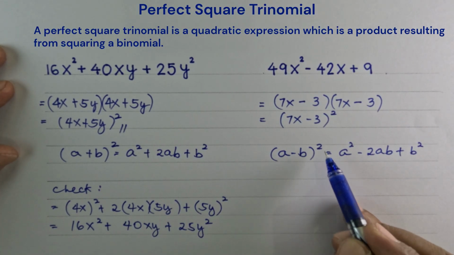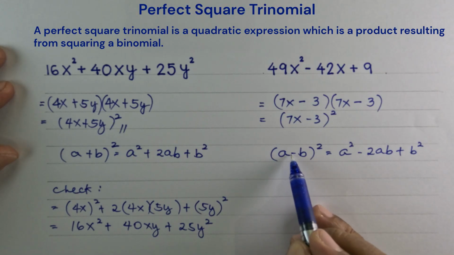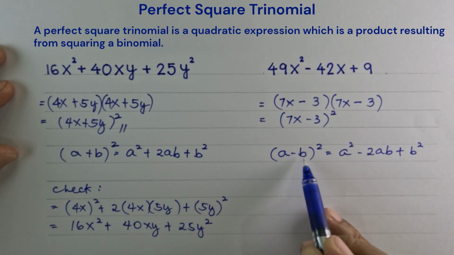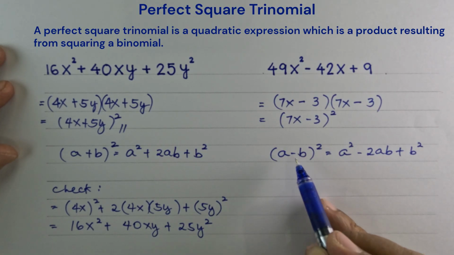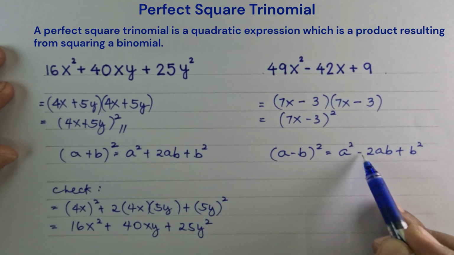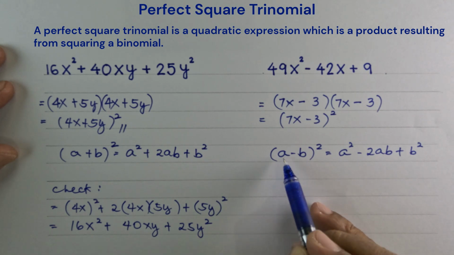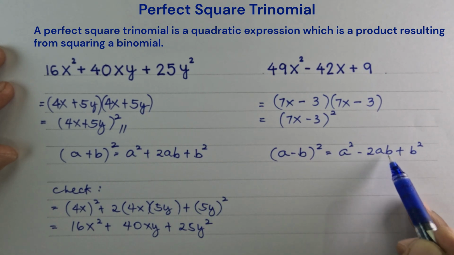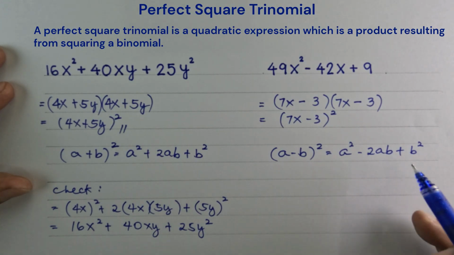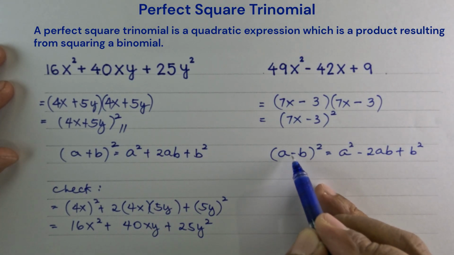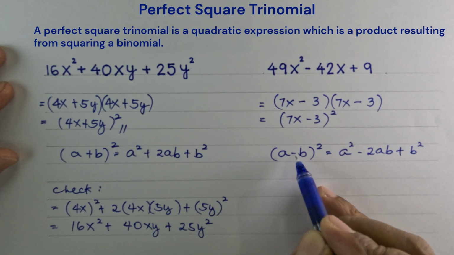So that's the square of the difference of two numbers is equal to the square of the first term minus twice the product of the first and last terms plus the square of the last term. It's minus because this is a difference.